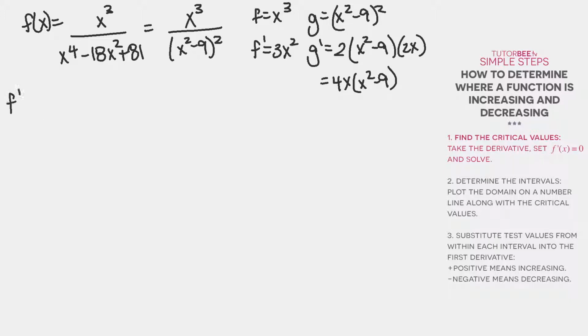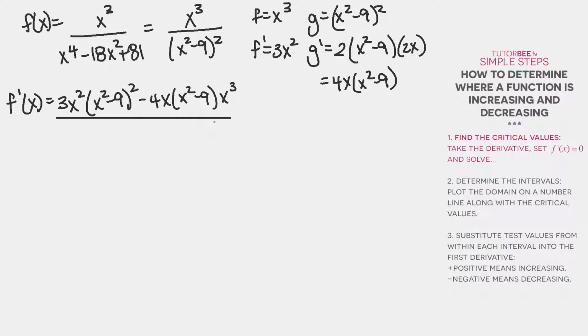So then the derivative is equal to f prime g, so 3x squared times (x squared minus 9) squared, minus g prime f, so minus 4x (x squared minus 9) times f, which is x cubed. And that's all over (x squared minus 9) to the fourth, because we squared the denominator.